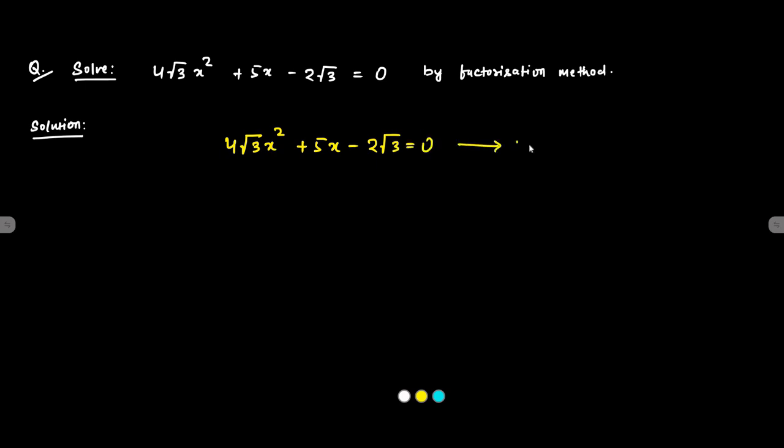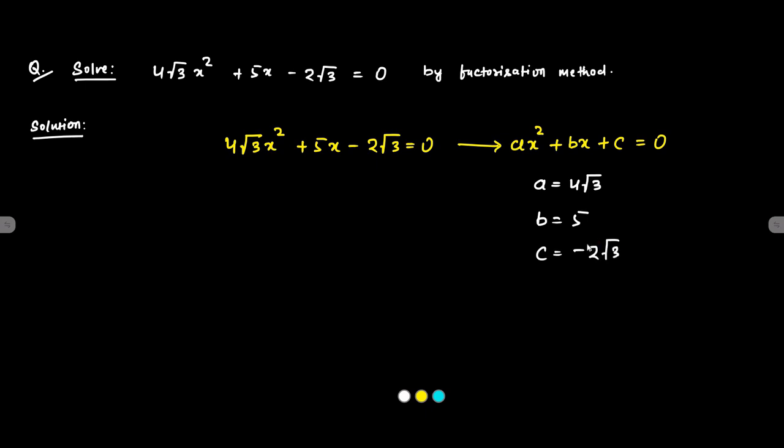Comparing it with the standard format, ax square plus bx plus c is equal to 0, we have a is equal to 4 root 3, b is equal to 5 and c is equal to minus 2 root 3.